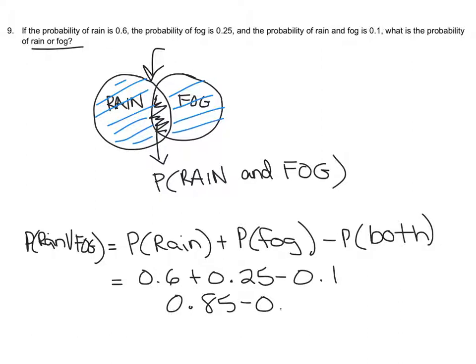Lastly, we'll just subtract 0.1. So 0.85 minus 0.1 equals 0.75. And this is the answer to the problem. And this represents the probability of rain or fog, which is the union of the two events.